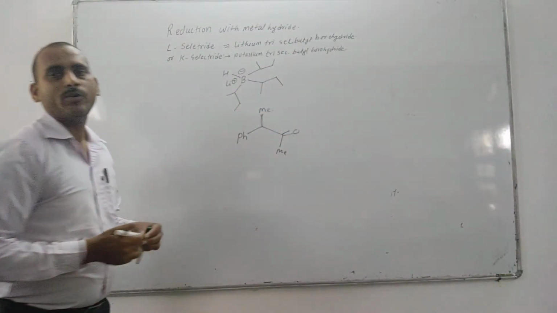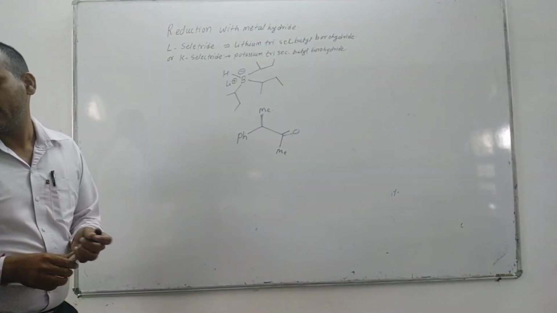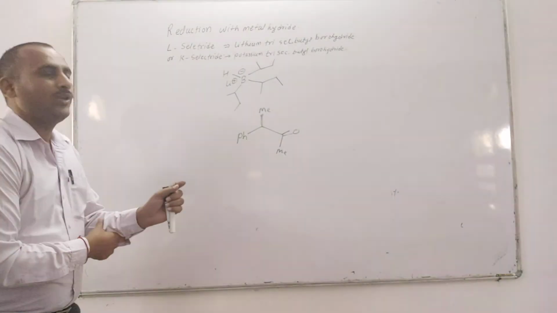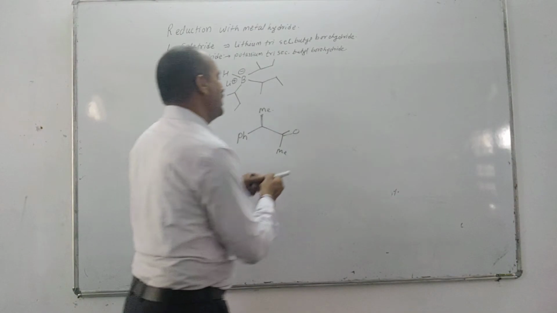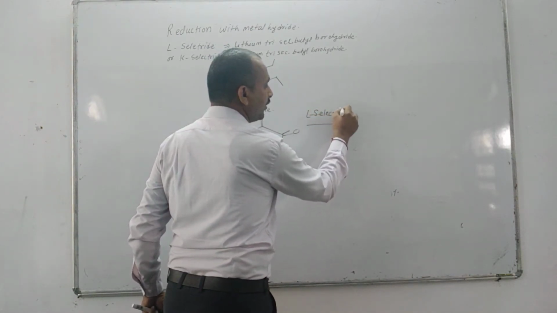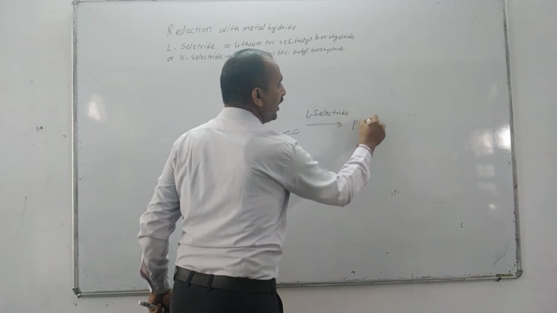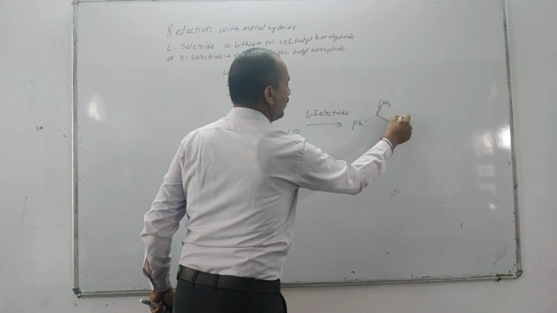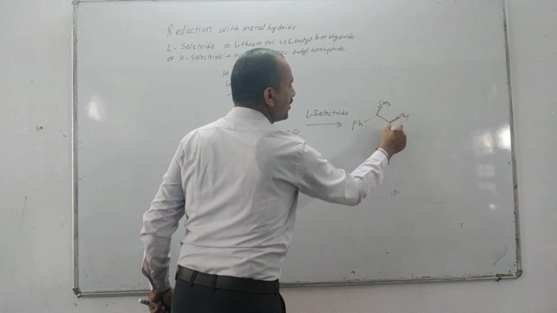For such reactions there is stereoselectivity in the hydride attack. We can use the Felkin-Anh model for this. Using L-Selectride we get Ph, CH3, OH, Me.